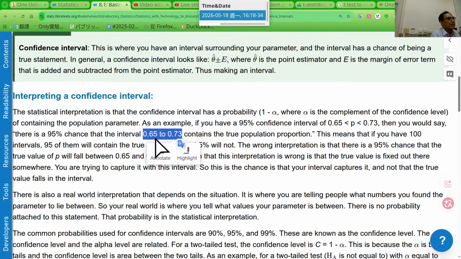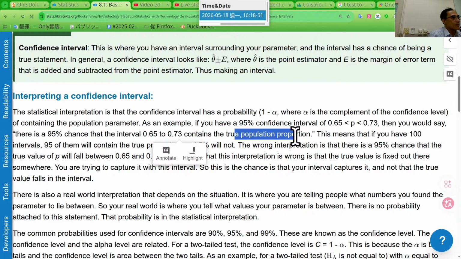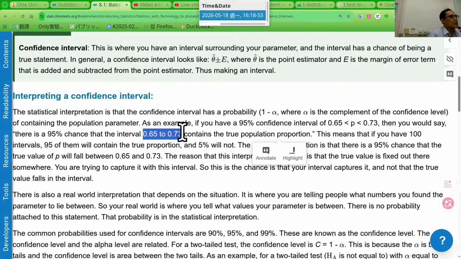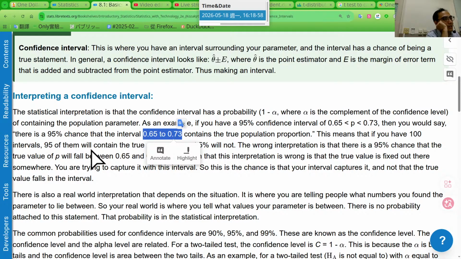Sure, if you enlarge the range, then you can get a 99% interval, but it makes no sense because we want to know the specific range of the population proportion. When you enlarge it, it makes no sense. But when you narrow it down, sure, the probability is lower.